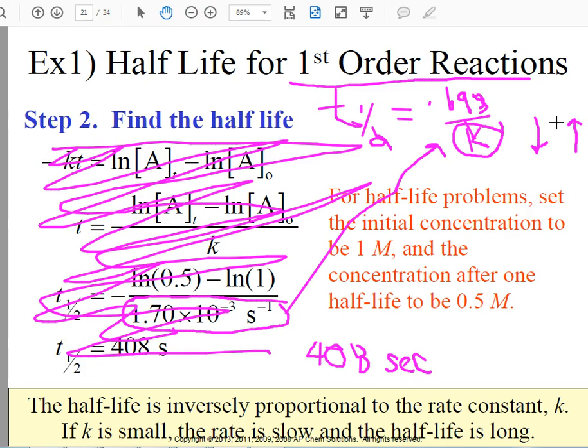So if you have a little rate constant, it means that the rate is slow, and so the time it's going to take for the concentration to half is going to be really long. But if your K value is large, then that means your rate is pretty fast, so your half-life is going to be short. Okay, so they're inversely proportional to each other. And you might want to jot that down or highlight. That's featured in the box at the bottom.